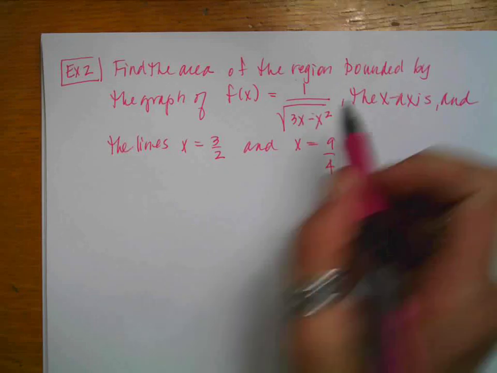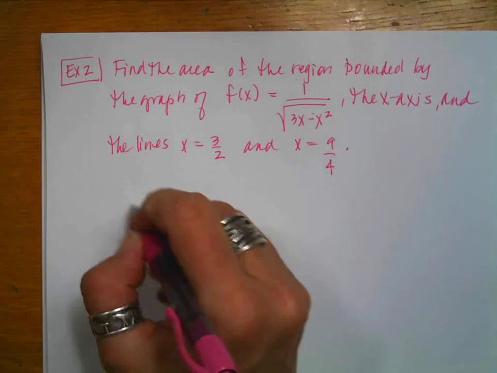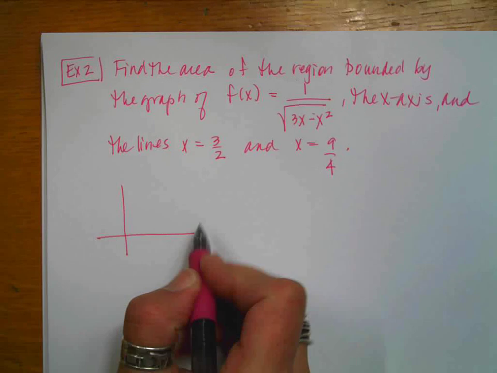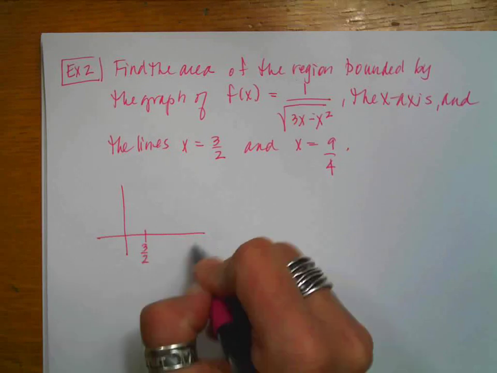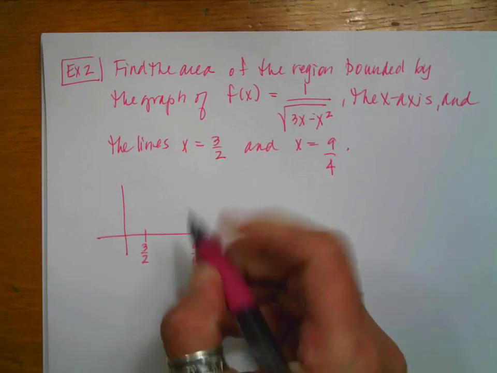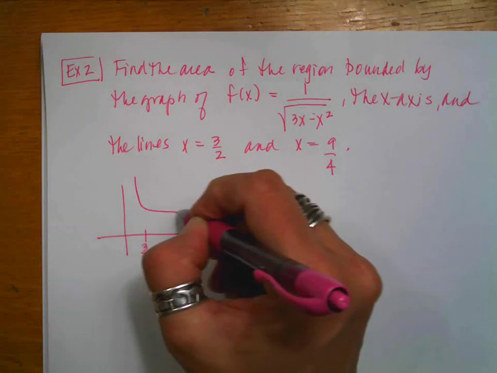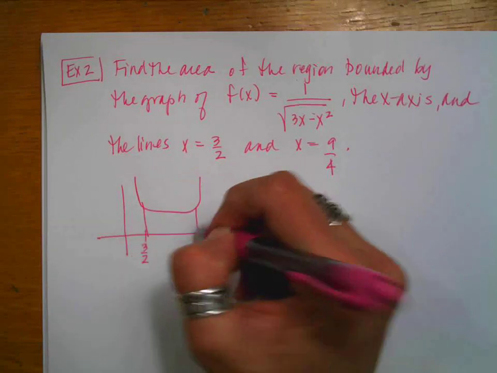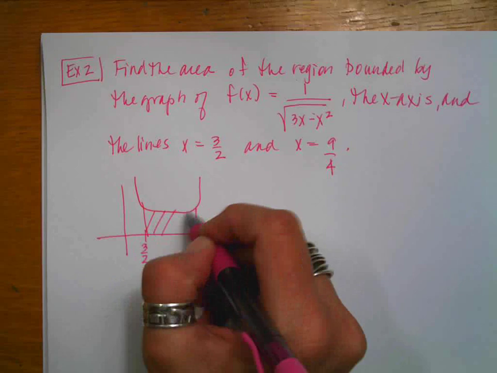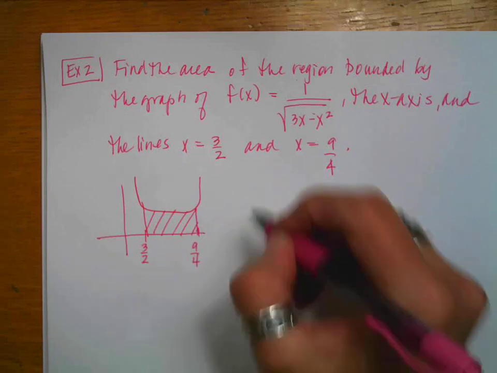If you put this in your handy-dandy grapher, and then you have your two vertical lines, this is 3/2 and this is 9/4. It's kind of a flat-looking curve. This is what I'm actually trying to take the area of.